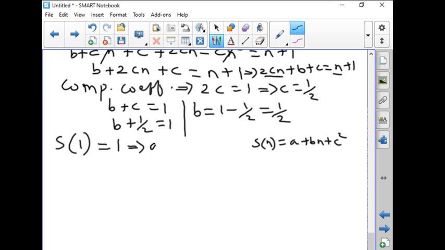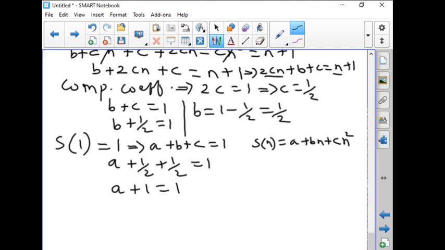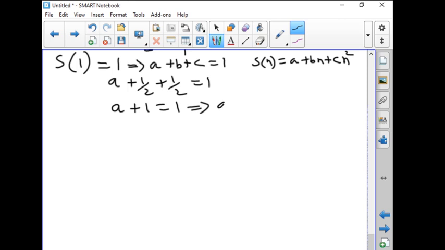What do you get? a plus b plus c, sorry, it's not c square, it is a n square. So plus bn plus c, we put 1 in place of n, equal to 1. Now we have seen the values, b is 1 by 2, c is 1 by 2. So a plus 1 by 2 plus 1 by 2 is equal to 1. So a plus 1 is equal to 1. Now what do we get? a is equal to 1 minus 1 which is equal to 0.